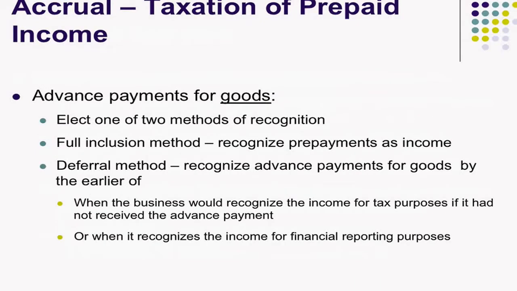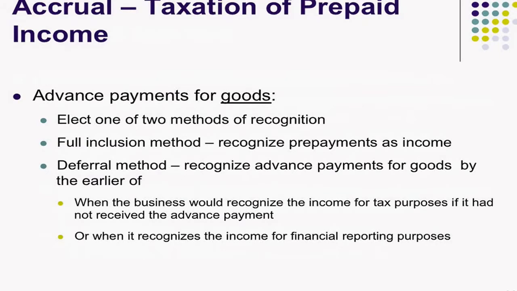Okay. Taxation of prepaid income. Advance payments for goods. What do you do here? What happens when you have goods stored up and you're getting advance payments for those? You have to elect one of two methods for recognition. The full inclusion method says any prepayments for your goods that somebody has made to you, you recognize as income.